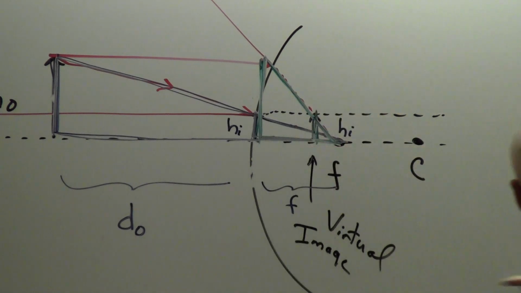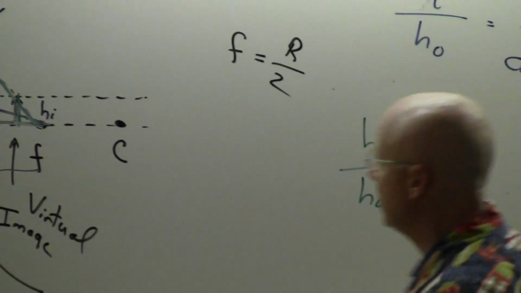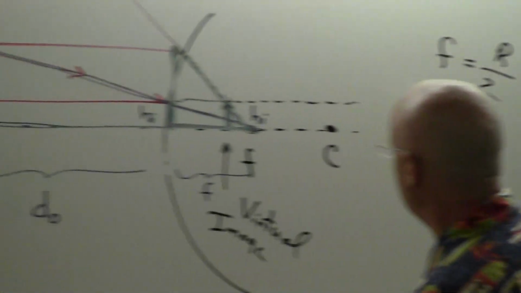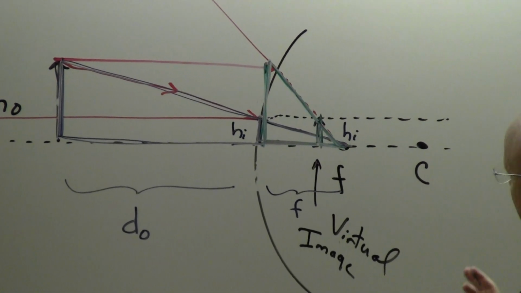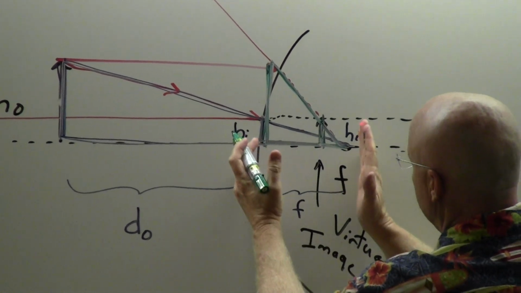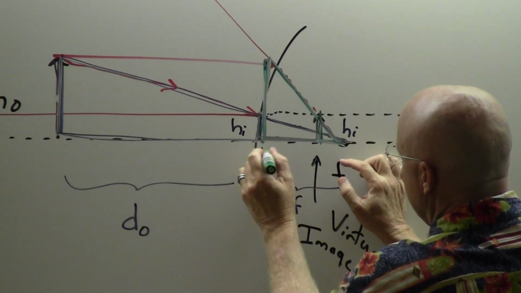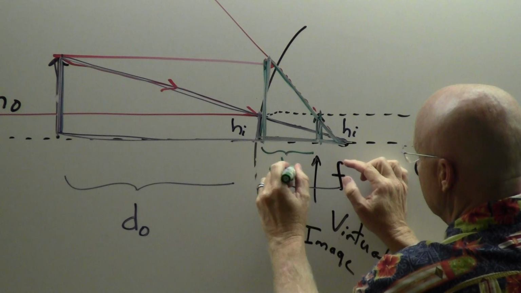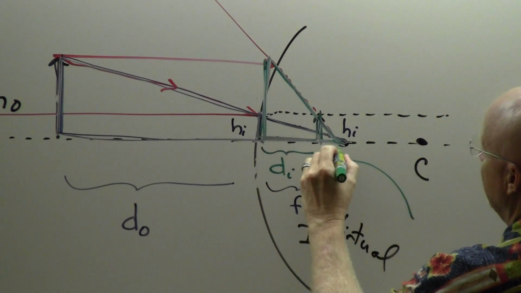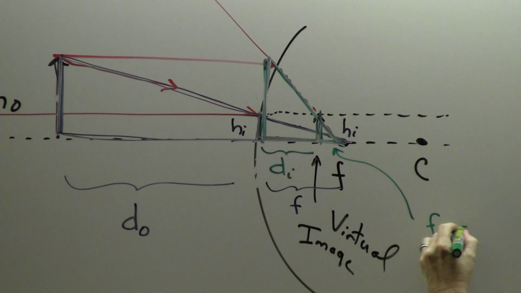And the small green one would be right here, so it would be the height of the image is to the height of the object. This one might be a little bit hard to see here. This would be then right here image distance. And so this small little piece right there would be focal length minus image distance. And that's what I'm looking for.